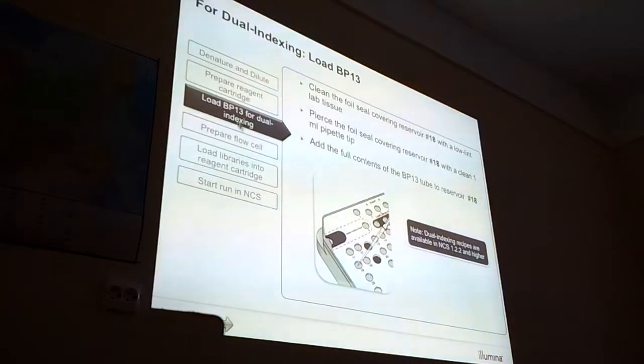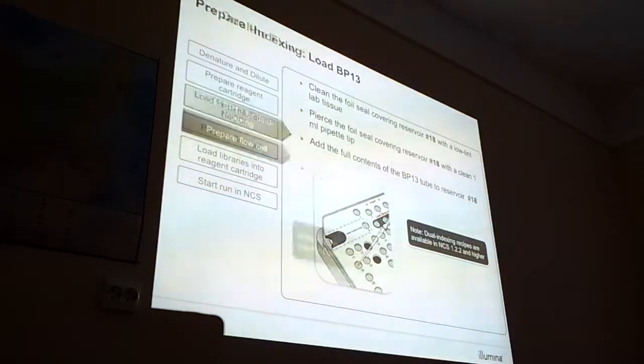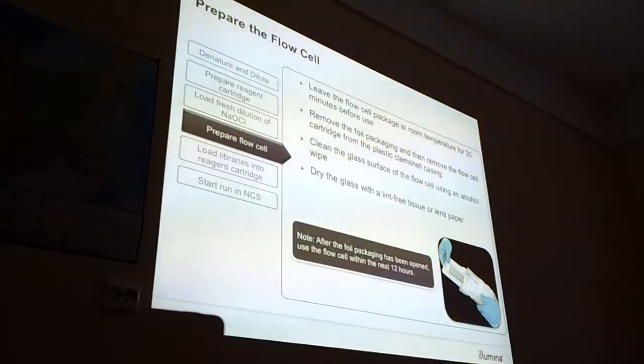This is the name of the dual indexing primers. And the flow cell, you take it out of the fridge, and you put it for a minimum of 30 minutes at room temperature on the bench.